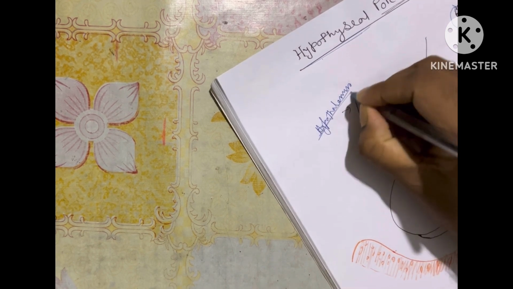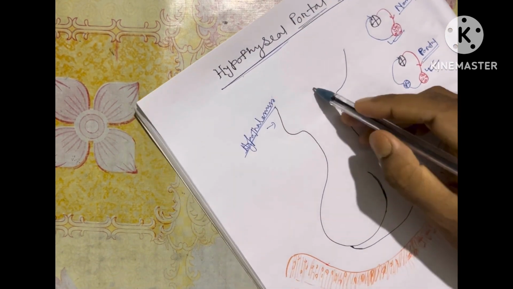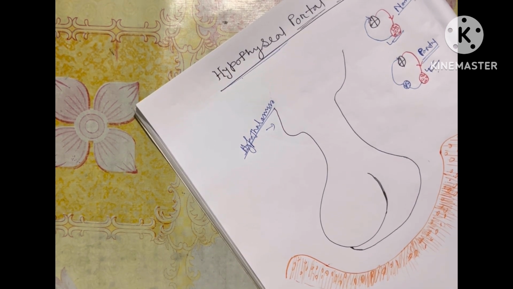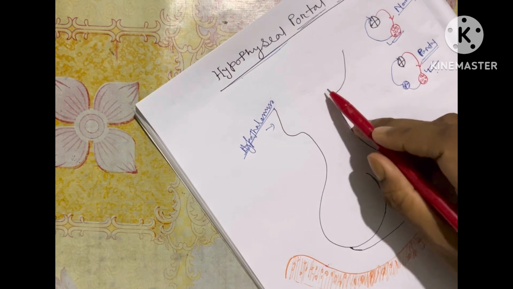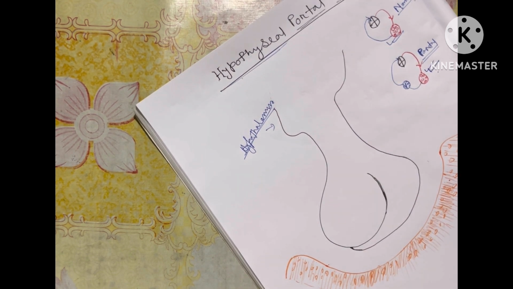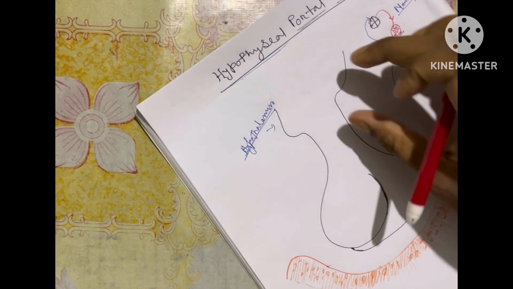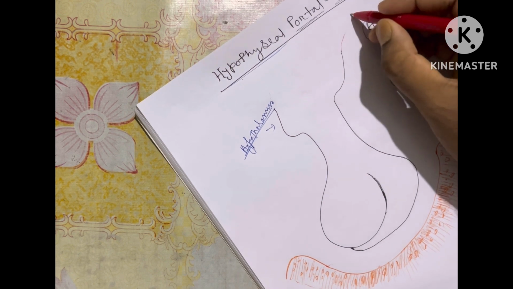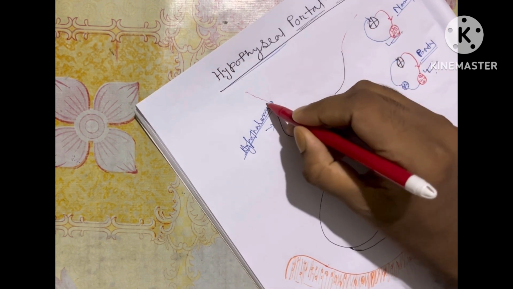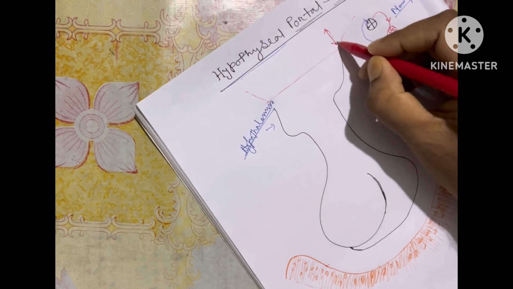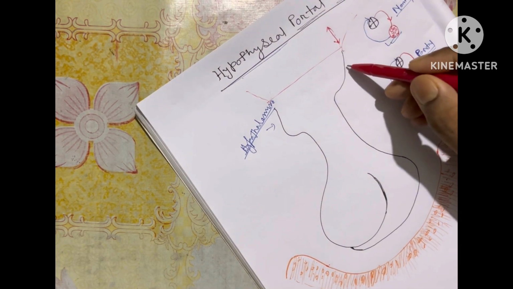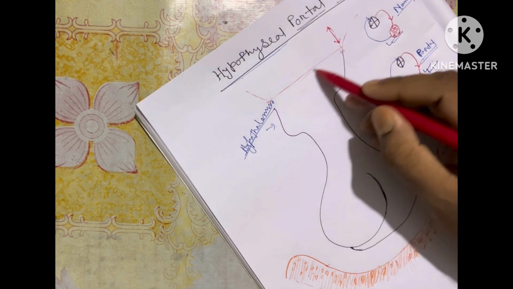Just below it is the median eminence. The median eminence is a structure present just above our pituitary, and just below the median eminence we have the hypothalamus.